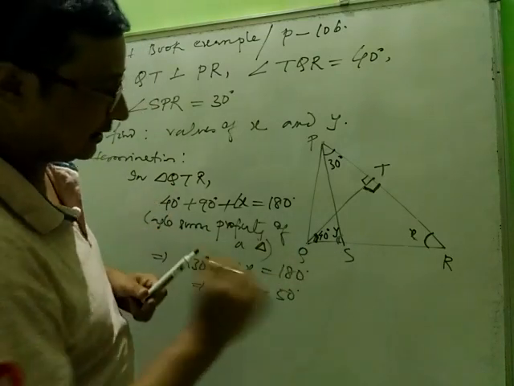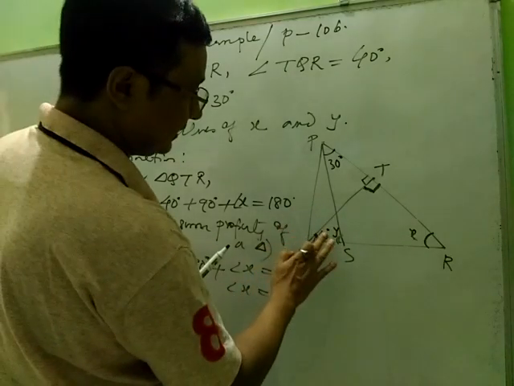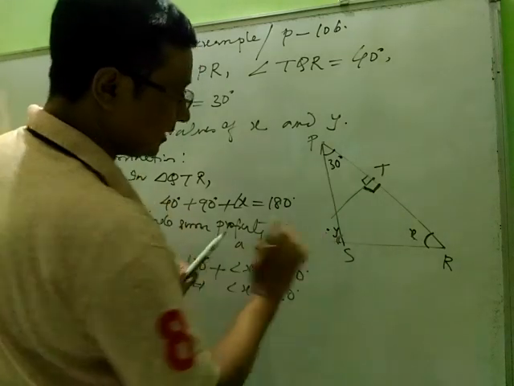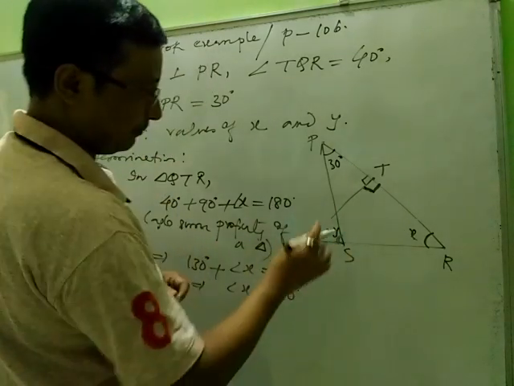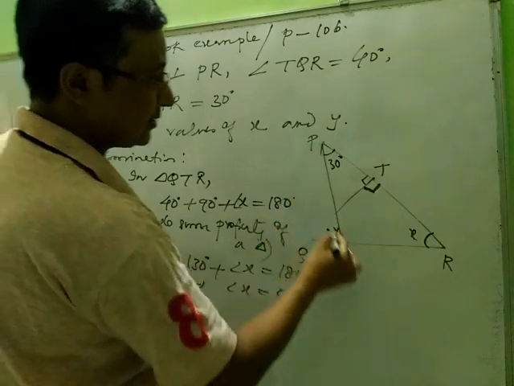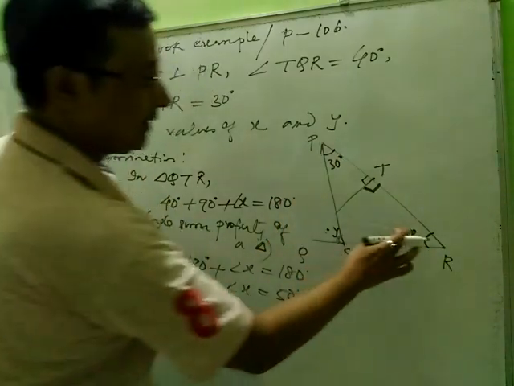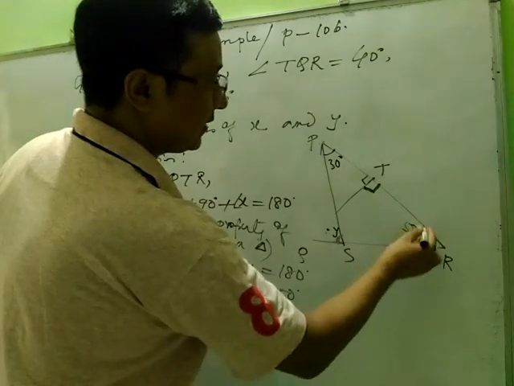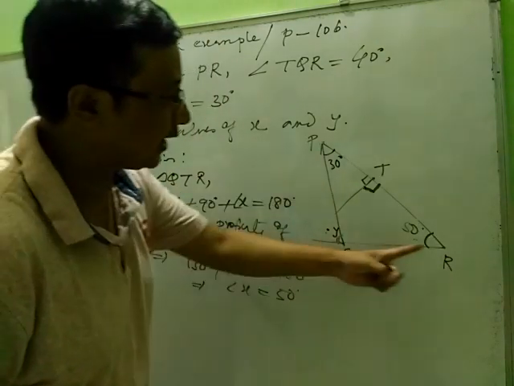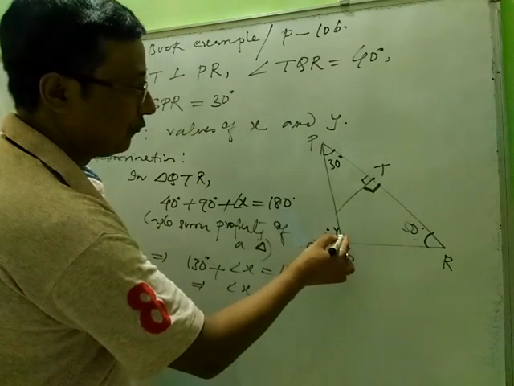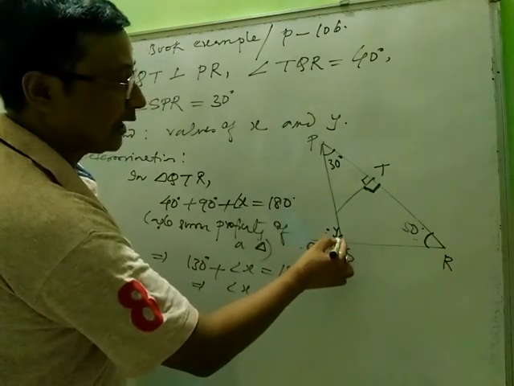Now just think that this one is not there. Just assume that now this is the triangle PSR. You have got X as 50 degrees. Now this is the triangle, and this side RS is produced to point Q, forming this exterior angle.